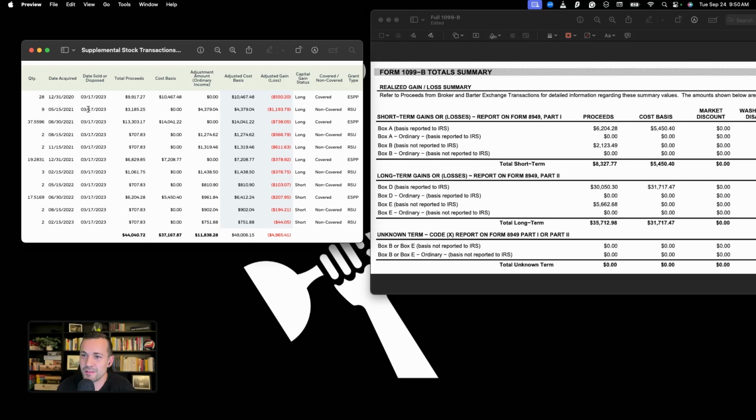But as you can see, this was an RSU that vested on this date. This was the total proceeds that the stock ended up selling for, and then this is the amount of income that was generated at vest. So the cost basis should be $4,379, but instead it is a 0.